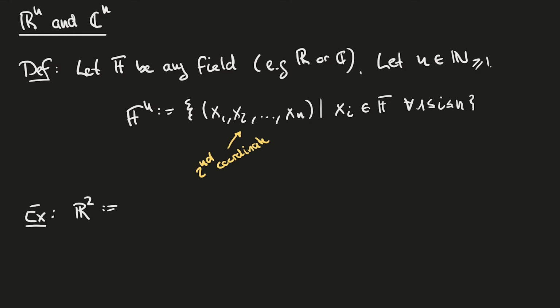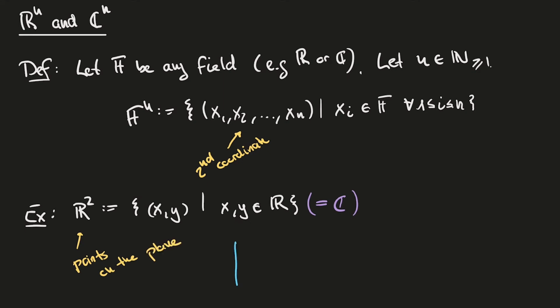Here we set F to be R and n to be 2, and so by the definition above, this is just pairs (x, y), where x and y are real numbers. Note that by what we said before, this is the way we defined the complex numbers. However, we'd like to think about R^2 conceptually in a different way, namely as points on the plane.